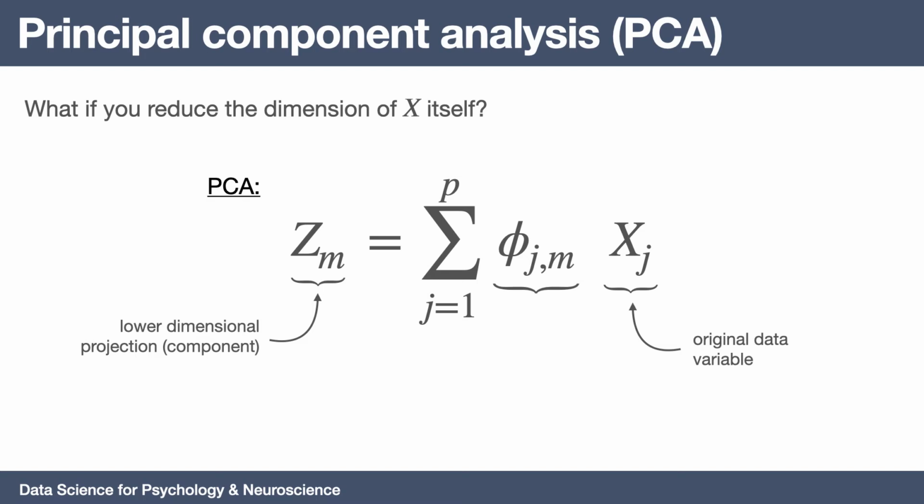X here is your original data, so this X of J here is a column vector of a particular variable in your data set. And the goal of PCA is to learn this component loading matrix, phi.